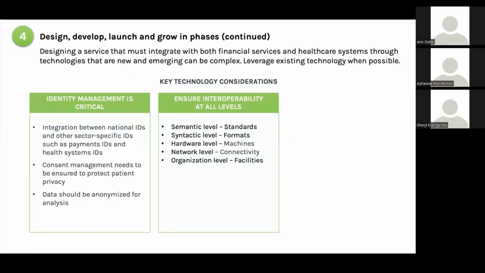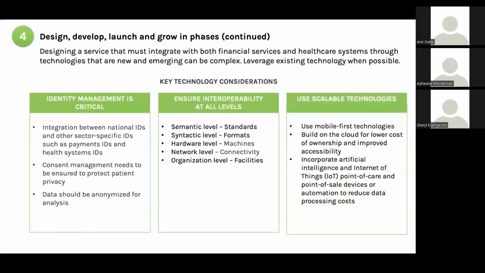Are they using a PC? Are people using Android phones, iOS, et cetera? And then looking at the connectivity, what types of networks, the ICT networks, are the users on? And you want to be able to ensure that those networks can talk to each other. And then lastly is at the facilities level, or the organizational level of who has access to the data that's coming through.